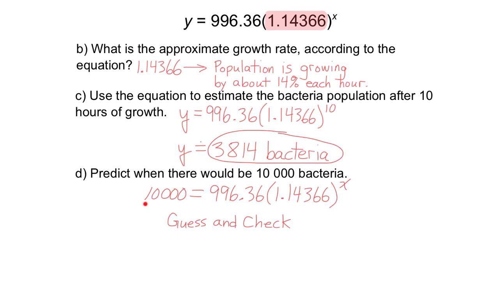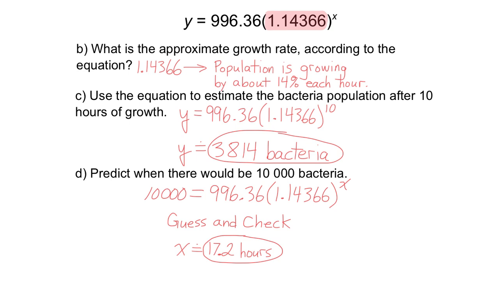If our answer is higher than 10,000, then we know x was too big, and we try a lower one. And we keep going back and forth, trying numbers here, do the calculations, see if your answer is too high or too low, and then make adjustments to your exponent. And you can get as precise as you want.